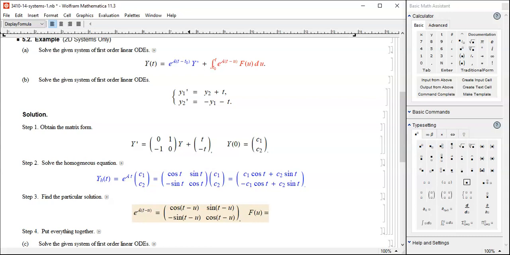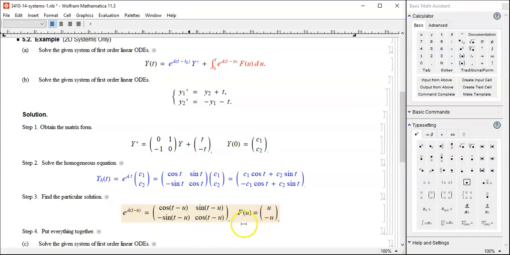How about f of u? Well, f of t is given like this, t, negative t, but I have to change this to u, so this is going to be u, negative u. We have e to the A (t minus u) power, f of u. So we have these two.